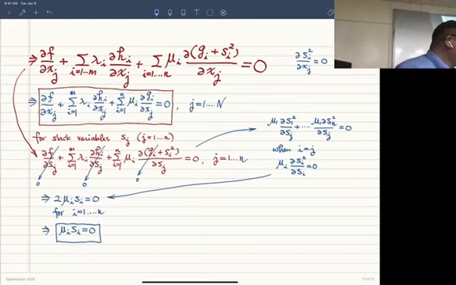Okay. So that's already two equations for our KKT condition. There's one more. This is the first equation you must satisfy for KKT, and the second equation you must satisfy for KKT.